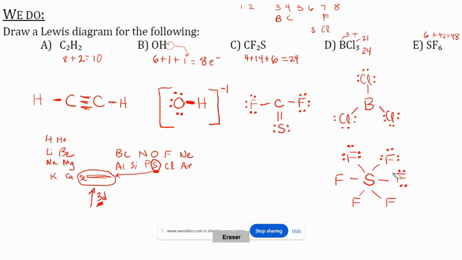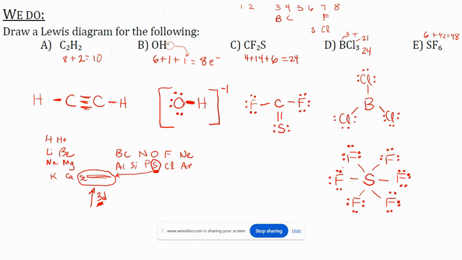Put that on the wrong side. 30, 32, 34, 36, 38, 40, 42, 44, 46, 48. That's a lot of dots. And that's how we expand sulfur's octet.